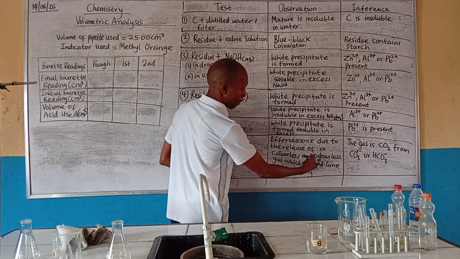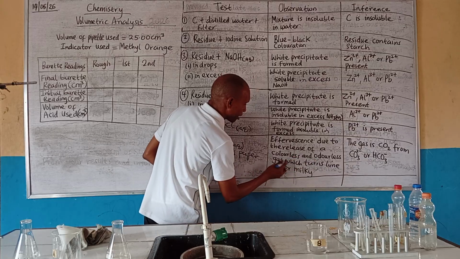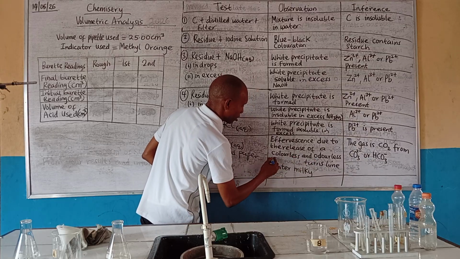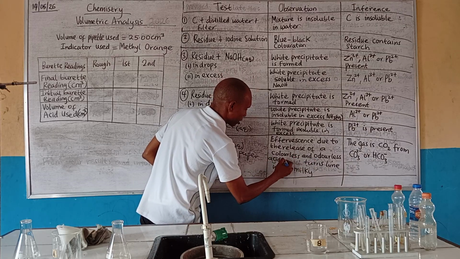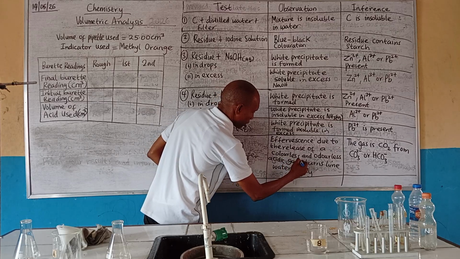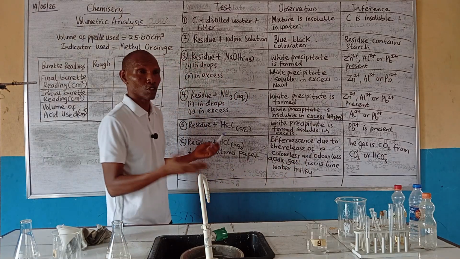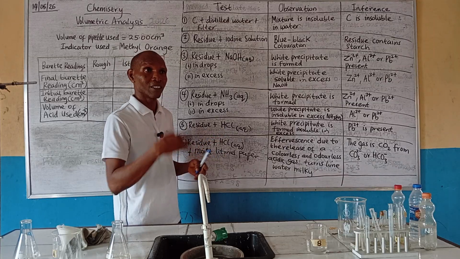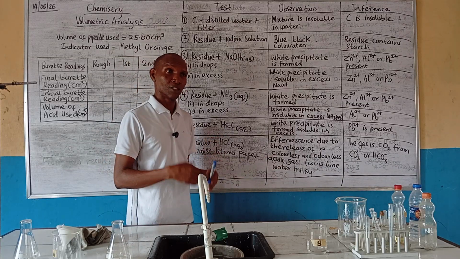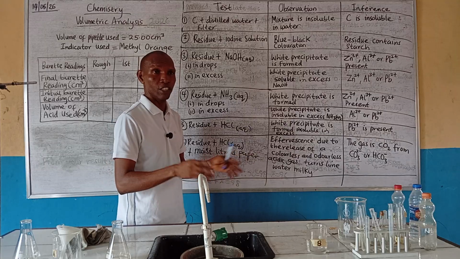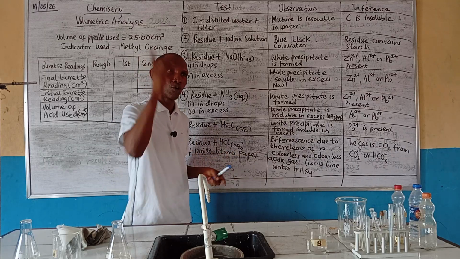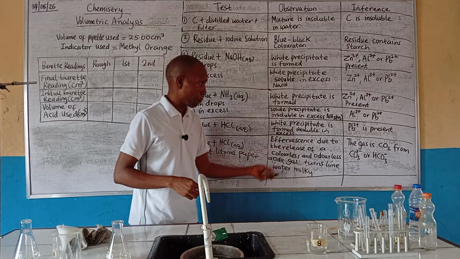We have colorless, we have odorless. You can also add acidic to it. You can say an acidic gas which turns lime water milky. But if you are not going to use litmus paper, then you may not add the word acidic. But certainly, carbon dioxide is an acidic gas. It's the only acidic gas that turns lime water milky.